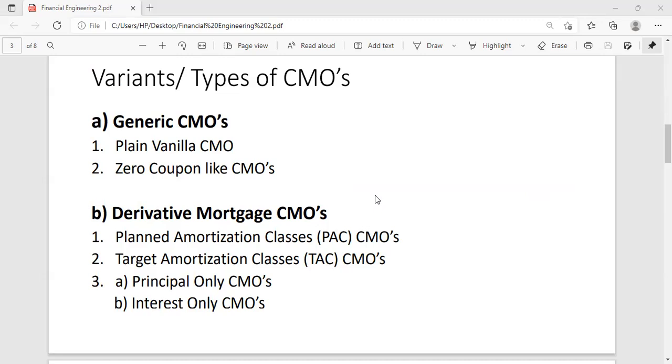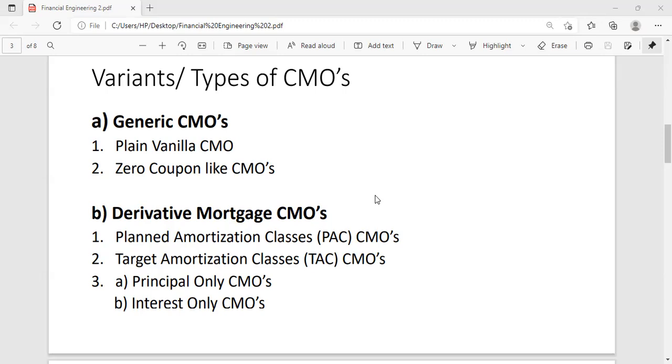Later on, we'll discuss zero coupon like CMOs and planned amortization classes, target amortization classes, principal only and interest only CMOs. These concepts are very easy if you give a little bit more concentration, and then you will understand all of these issues very easily.